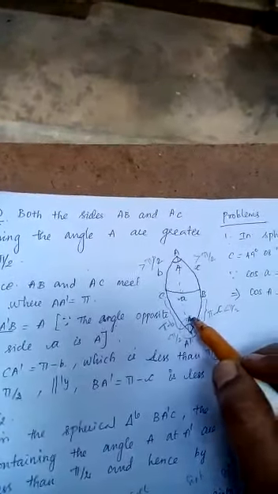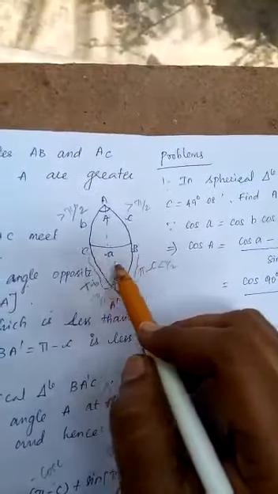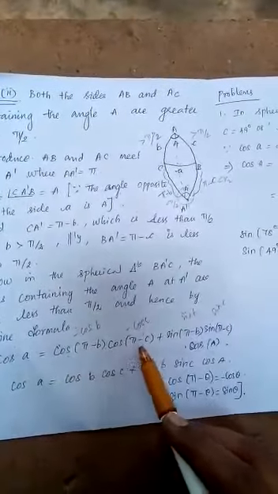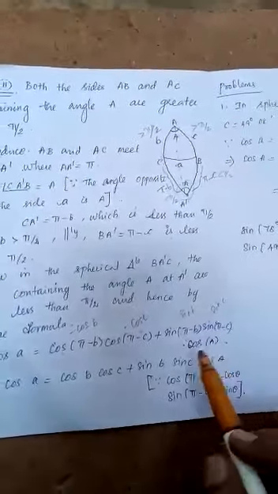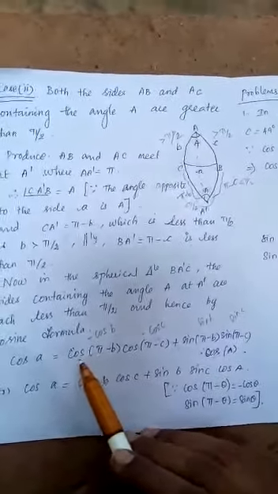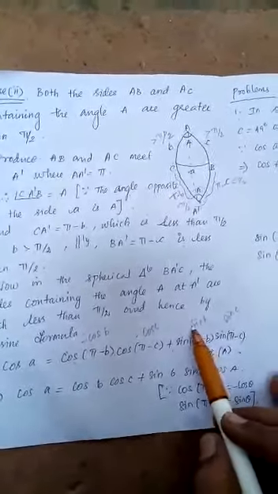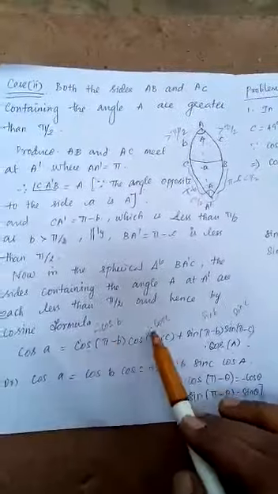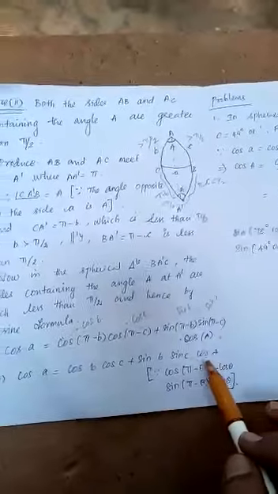We know that this angle is A. So again by using the cosine formula for this spherical triangle BA dash C for the unknown side a, cos a is equal to cos(pi minus b) into cos(pi minus c) plus sin(pi minus b) into sin(pi minus c) into cos A. By the property, cos(180 minus b) is minus cos b, here also minus cos c, sin(180 minus b) is sin b, sin(180 minus c) is sin c, and here is cos A. Minus into minus is plus, so finally we get cos a is equal to cos b cos c plus sin b sin c cos A. That's it.